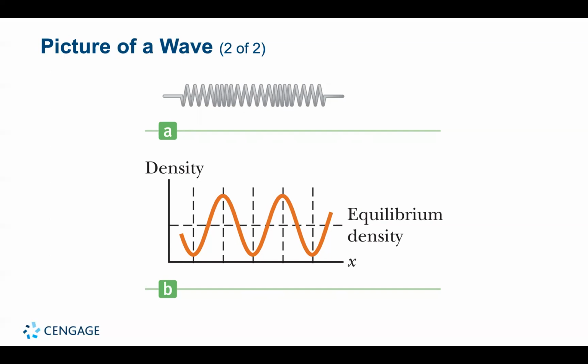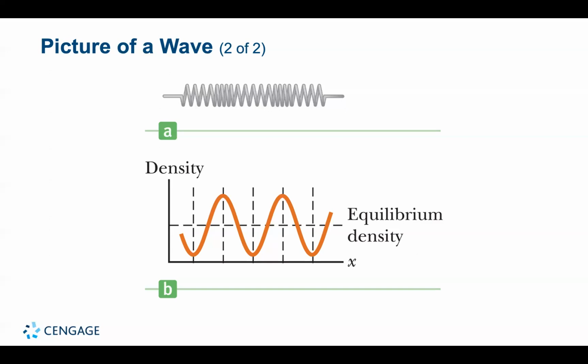Let's consider a longitudinal wave traveling on a spring. The top figure is a snapshot of a longitudinal wave at some instant, and the bottom figure shows the sinusoidal curve that represents the wave. Points where the coils of the spring are compressed correspond to the crests of the waveform, and stretched regions correspond to the troughs.